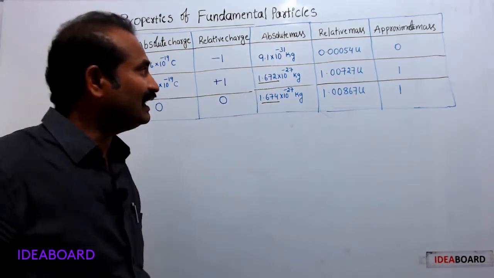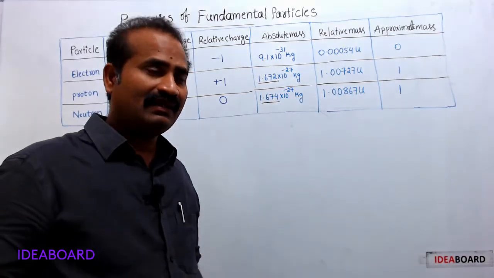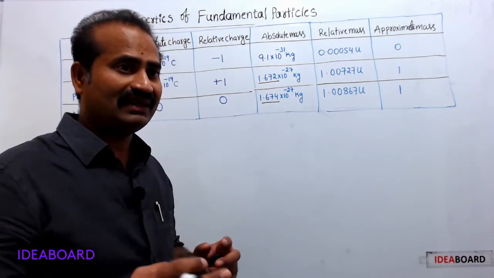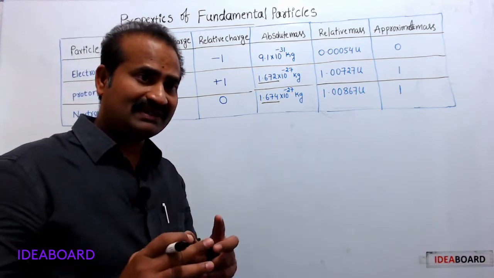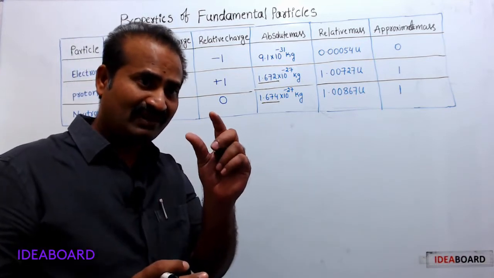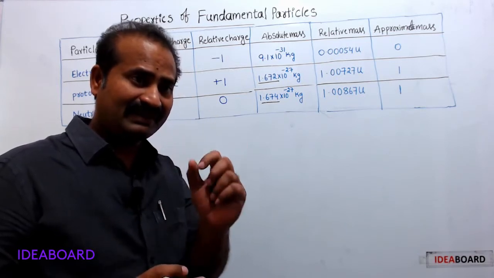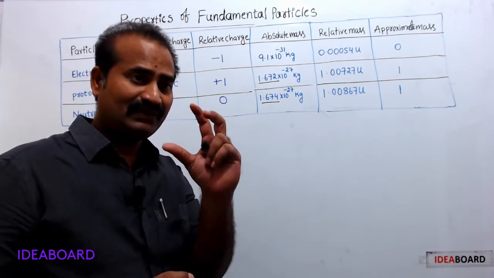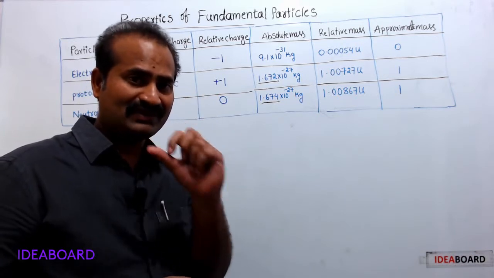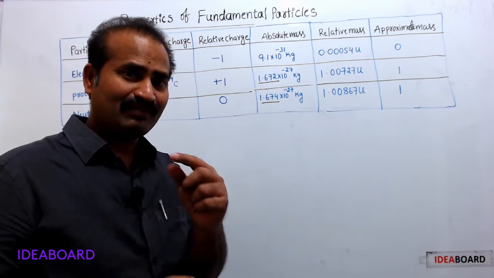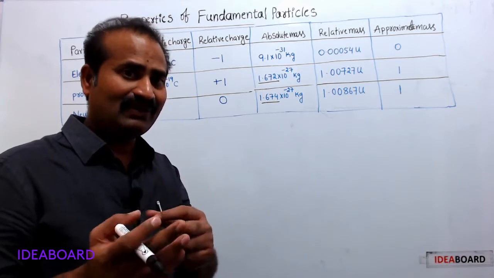Okay. Now relative mass. See, relative means in comparison to another. Here, to compare the masses of subatomic fundamental particles, one unit is used, AMU, atomic mass unit. Its value is 1.67 into 10 power minus 27 kilograms.